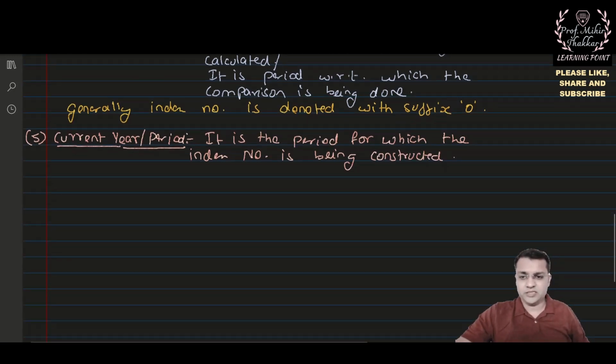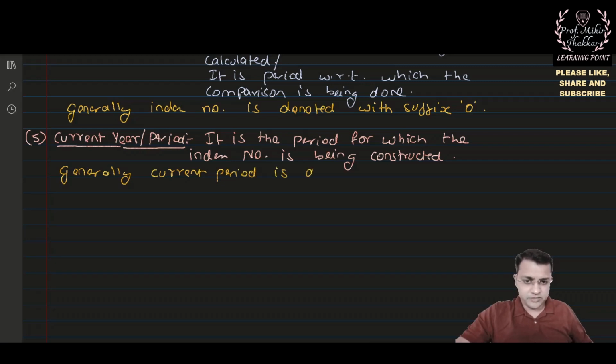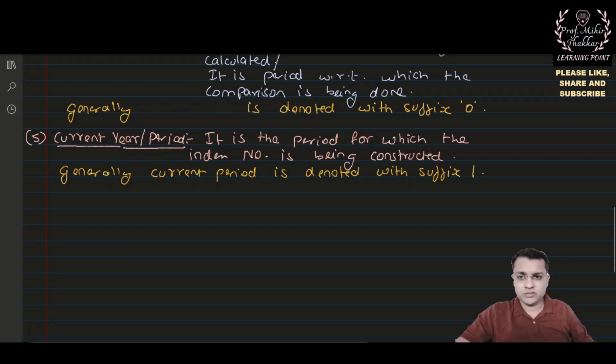And when you are writing the numericals or solving the numericals, we say that generally current period is denoted with suffix 1. Sorry, there's a small change over here. Generally base period is denoted with suffix 0 and the current period is denoted with suffix 1.